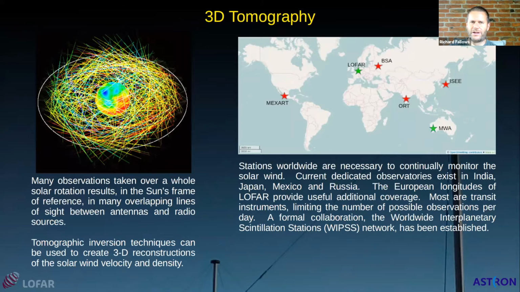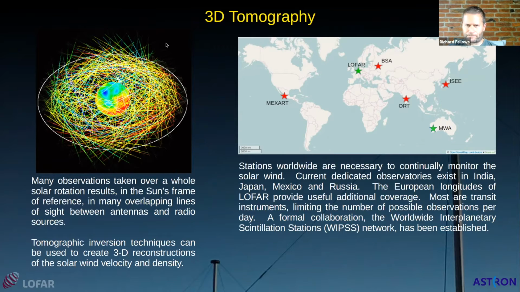And that's what you can see depicted in the top left image here. That allows us to use tomographic inversion techniques to effectively create 3D reconstructions of the solar wind in terms of velocity and in terms of g-level, which we can then use as a proxy for density being enhanced or not.